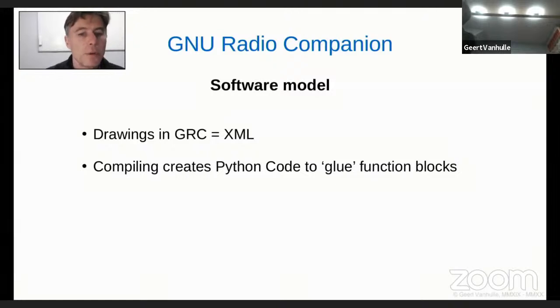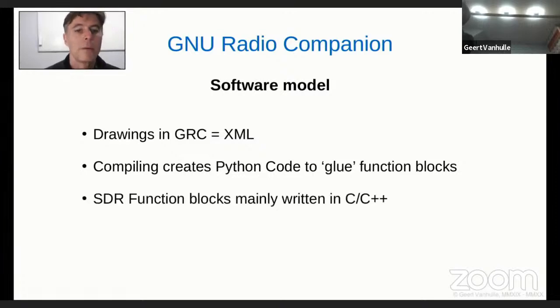And the code that you get after compiling the XML code is Python code that is gluing the existing block functions together. Now these block functions itself are mainly written in C, C++. Why? Well, Python, of course, is an interpreter language. It's much too slow to do the processing of samples, for example, of a fast Fourier transform.